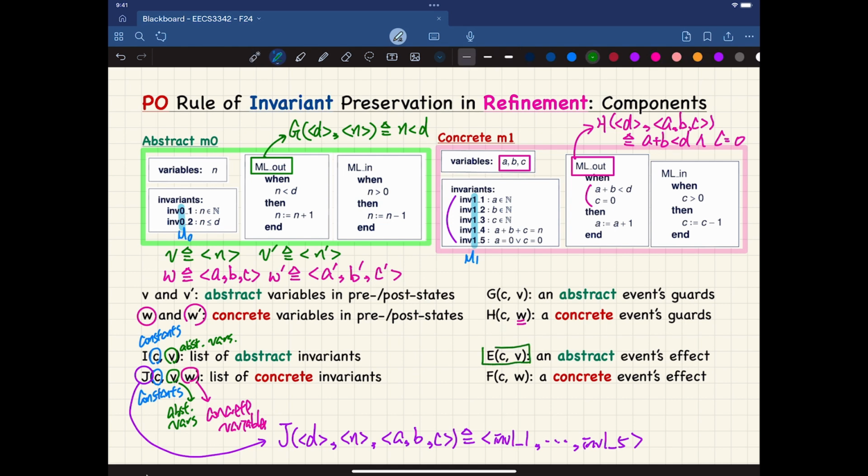So for this one here, you can think about the effects over here. We got D here, we got N. The effects of, let's say, ML out. You can see we just try to assign N to be N plus 1. Right? The effects is the post-state value will be just N plus 1.